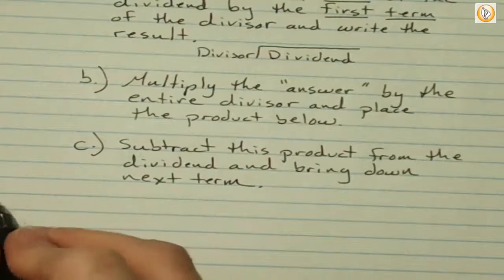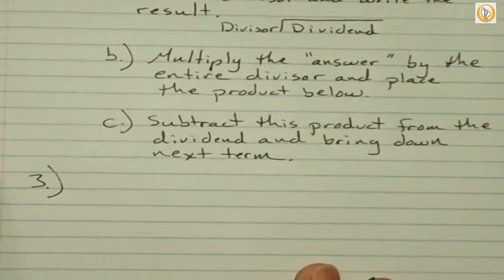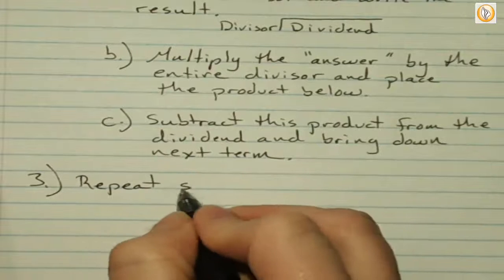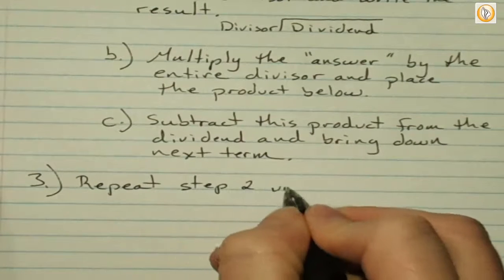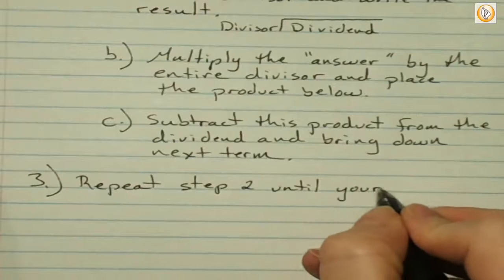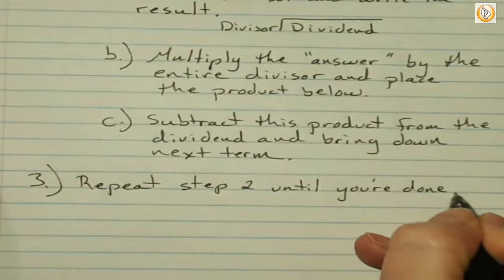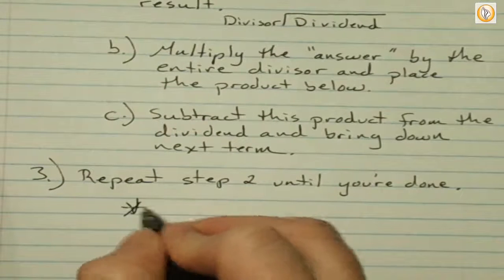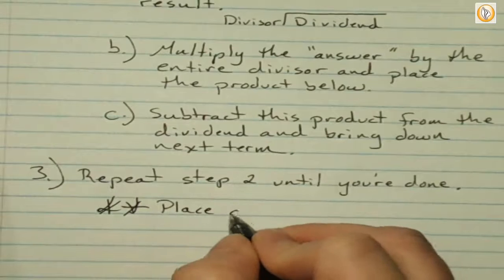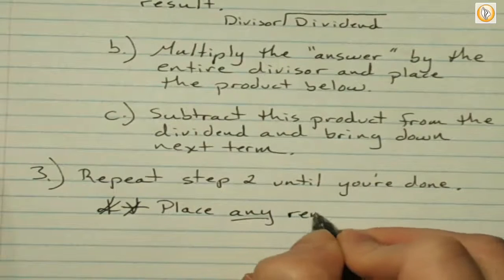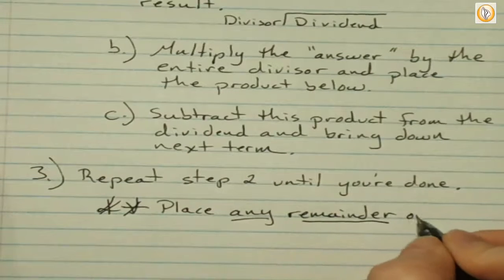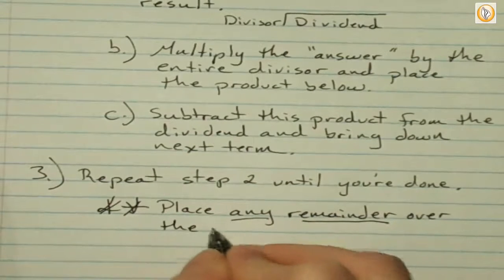All right, step 3. You're going to repeat step 2 just like you would in long division until you're done. Here's a star. In fact, I'm going to put 2 stars. Place any remainder over the divisor.